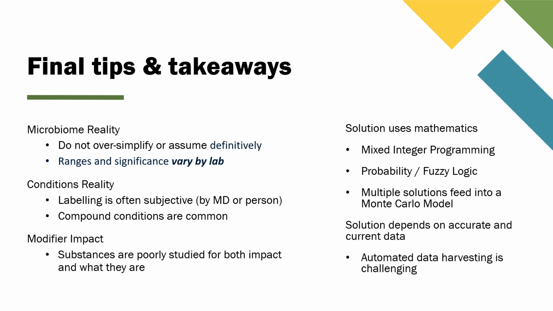If you're dealing with probiotics, which strain or which species is it? Our solution is using mathematics. We use mixed integer programming, probability, fuzzy logic, expert systems, all multiplication fit into Monte Carlo simulation. We often will be using machine learning and other AI techniques throughout the system.